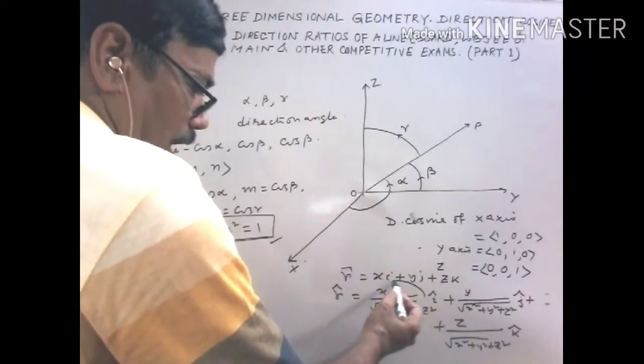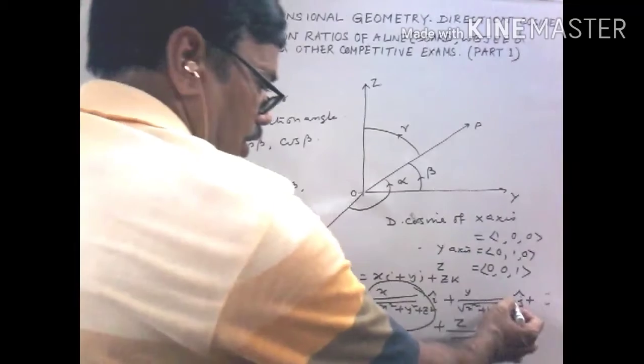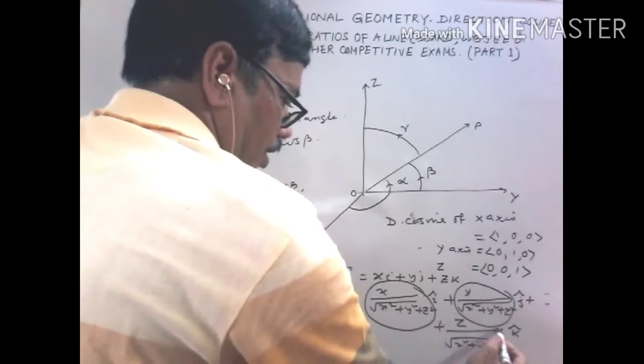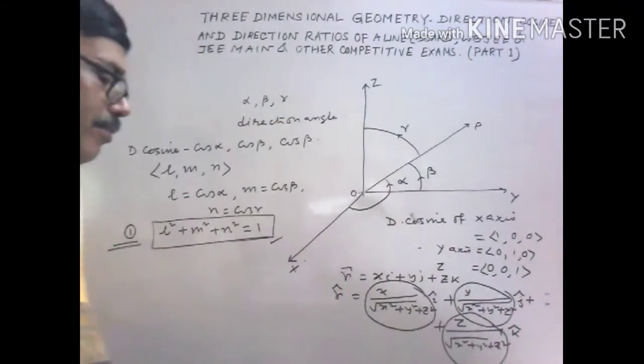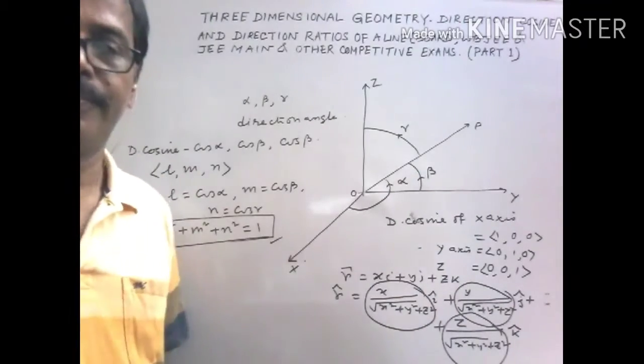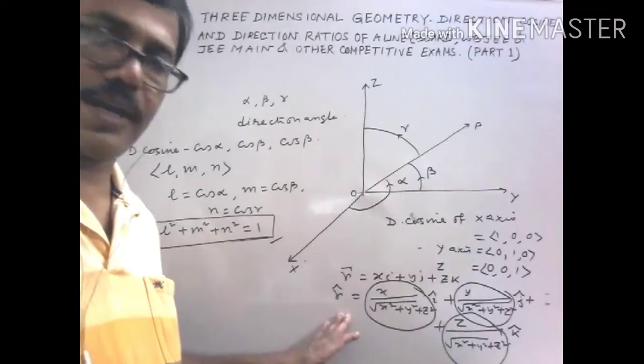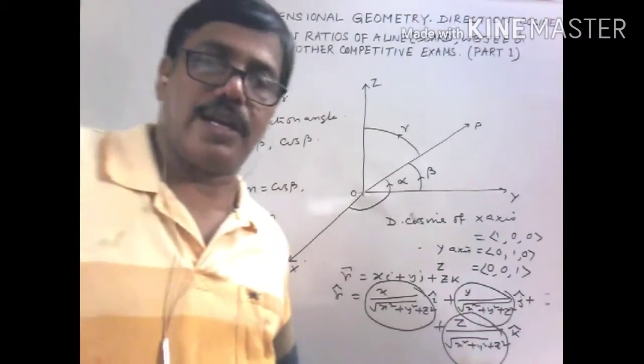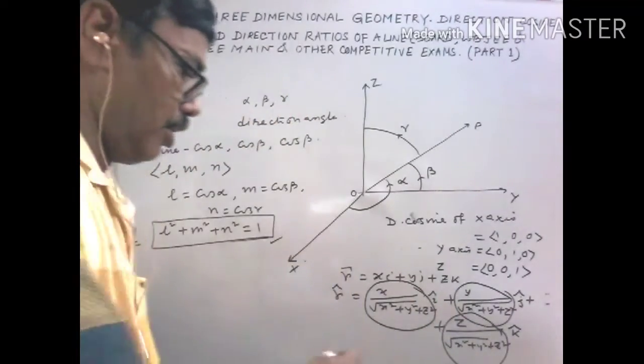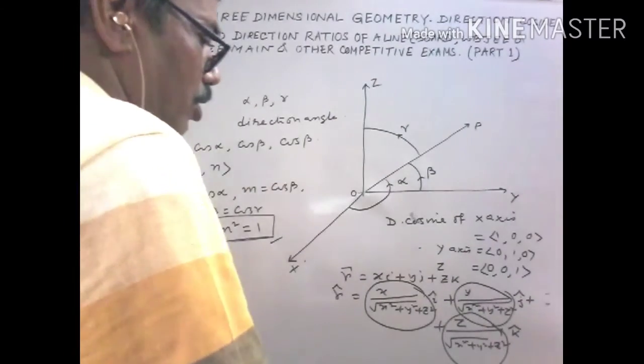So the coefficients of i, j, k, if it is a unit vector, represent the direction cosines. This is an important result. If r is given, we find r cap, then the coefficients of i, j, k represent the direction cosines of the r vector.